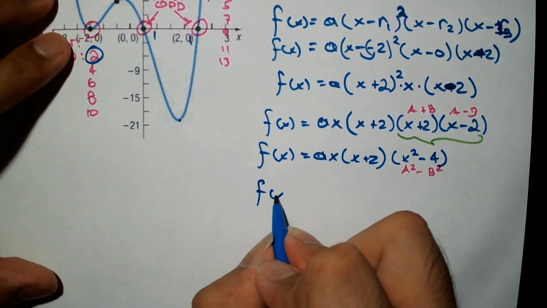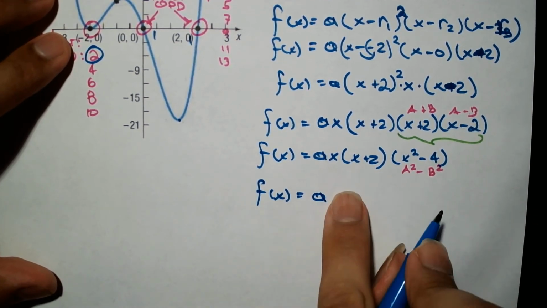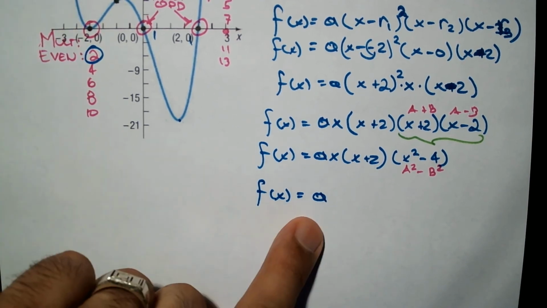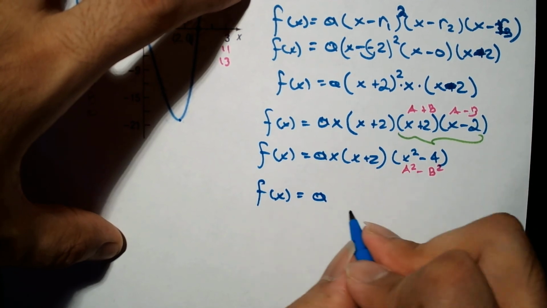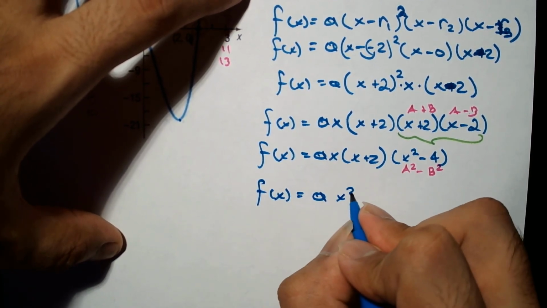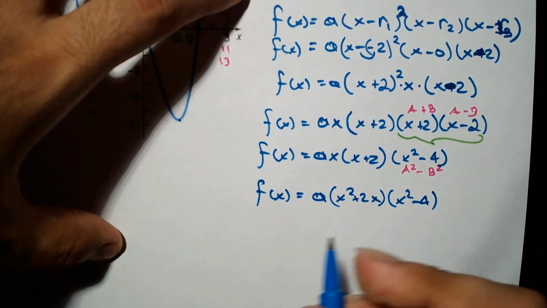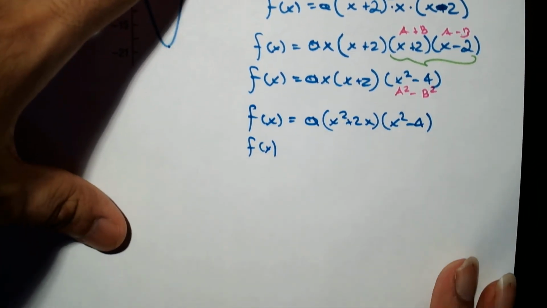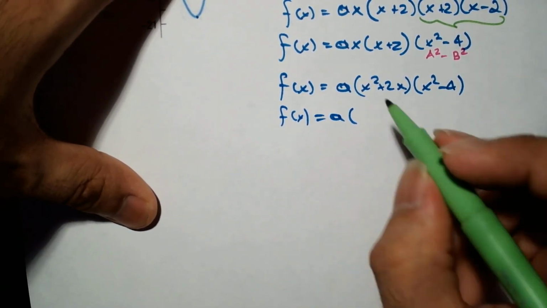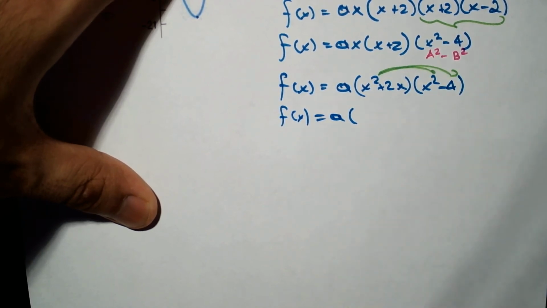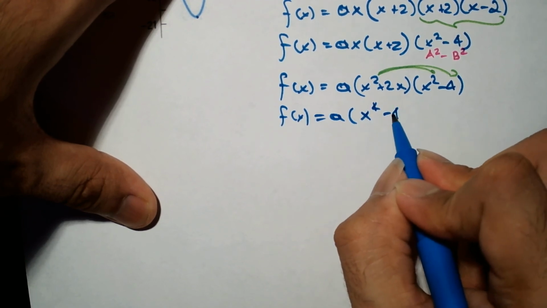And then f of x equals, I'm going to save the a for the end this time. That's going to be x squared plus 2x times x squared minus 4. f of x equals a times x squared times x squared, times negative 4. x to the 4th minus 4x squared.